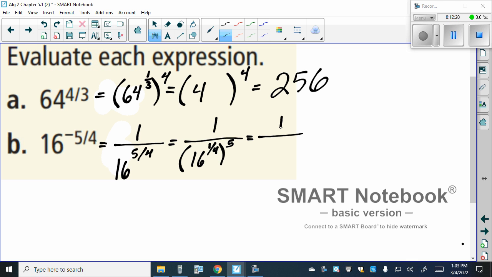Now, 16 to the 1/4 is really telling us that we're trying to find the what? This here tells us we're wanting to find the 4th root of 16. We're wanting to find what number times itself 4 times is 16. What number would that be?